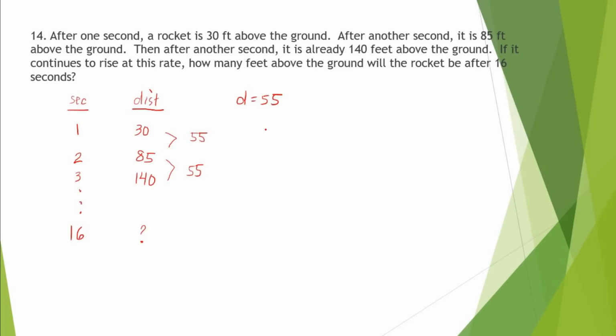Since we are required to determine our 16th term, this is simply equal to A1 plus 16 minus 1 times d. Since we already have this d, and our A1 is 30, we can readily determine it. Our A16 is equal to A1, which is 30, plus 15 times 55.